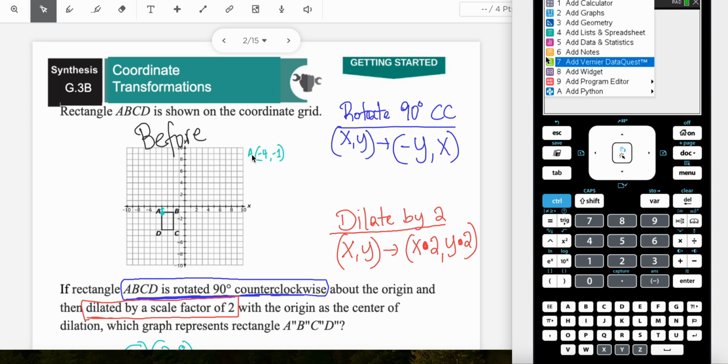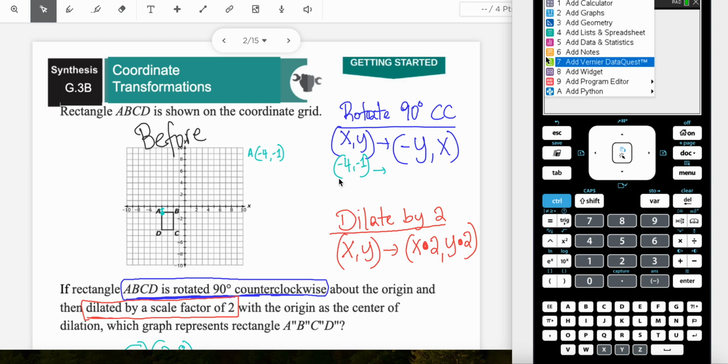So we're going to go up here. We're going to take this coordinate and we're going to perform this and then this. Okay. So the first thing that we have to do, you have to rotate first. So I'm going to take this, which is my A, I'm going to have it right here, -4, comma, -1. Now when you rotate that, we're going to apply this to it. So we're going to flip it around.